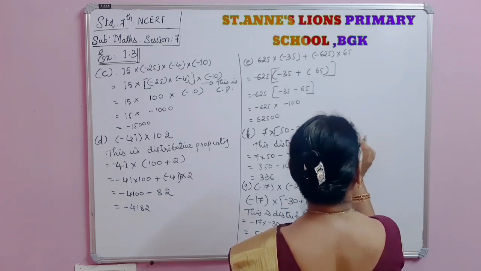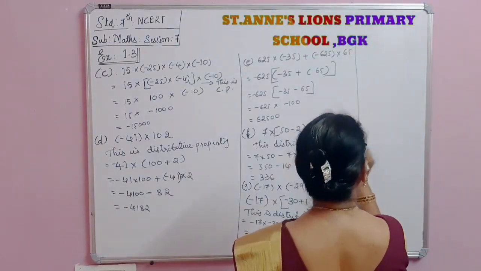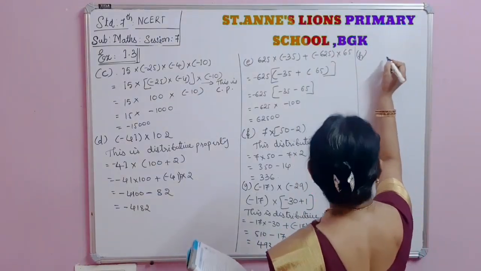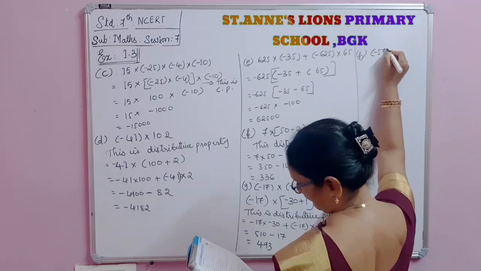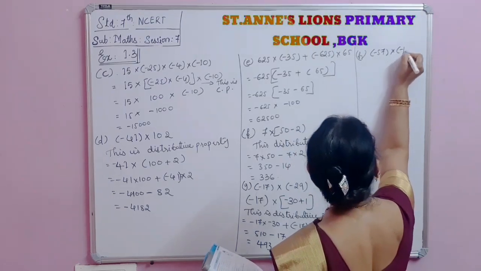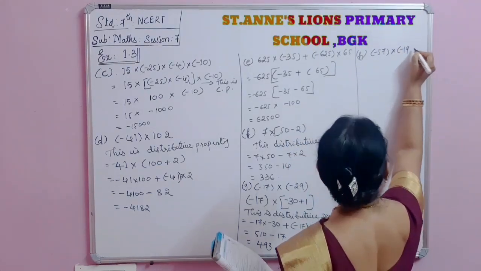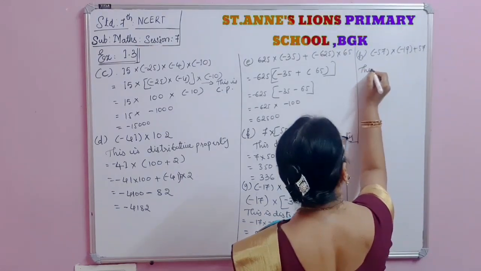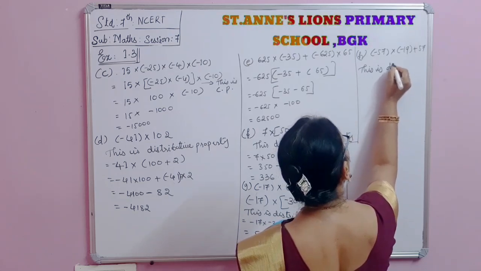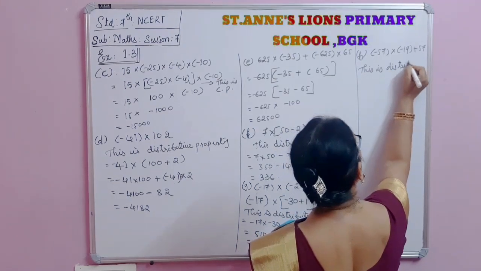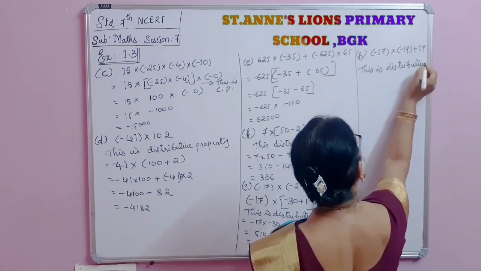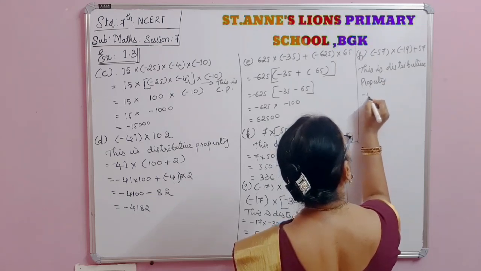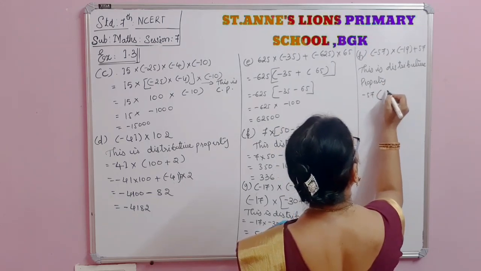So the next one, that is last one, A, B, C, D, E, F, G, H it is. The next one is H. That is last, I think. Yes. Minus 57 into minus 19 plus 57. So this also is distributive property. So minus 57 is common here, can take outside.